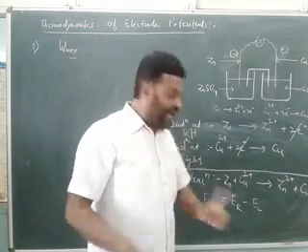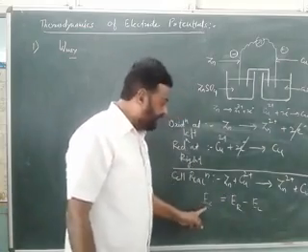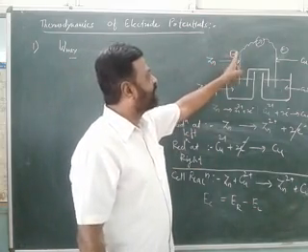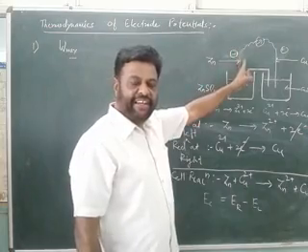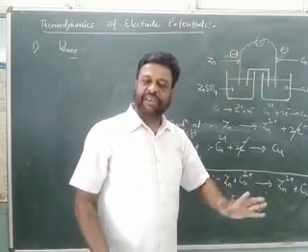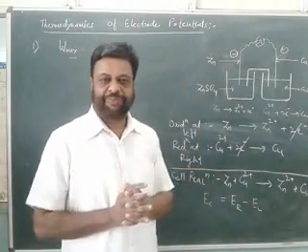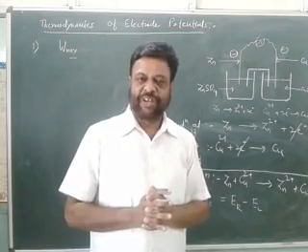If the cell potential is larger, means the EC value is larger, then a large number of electrons get transferred from the negative electrode to the positive electrode, then maximum work is produced by the cell. All of clear?